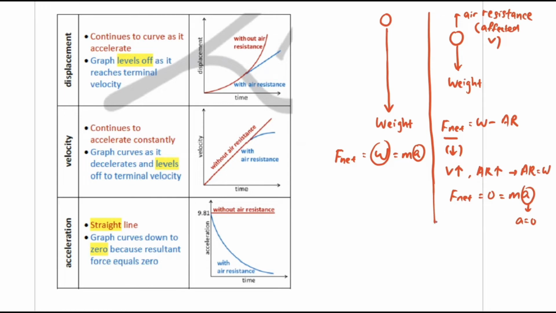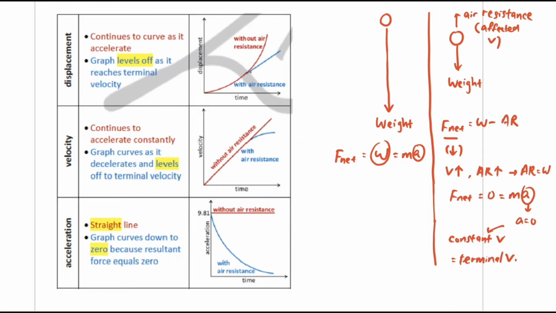When a equals 0, there is no acceleration, which means constant velocity. This constant velocity is what we call terminal velocity. Terminal velocity is constant velocity.